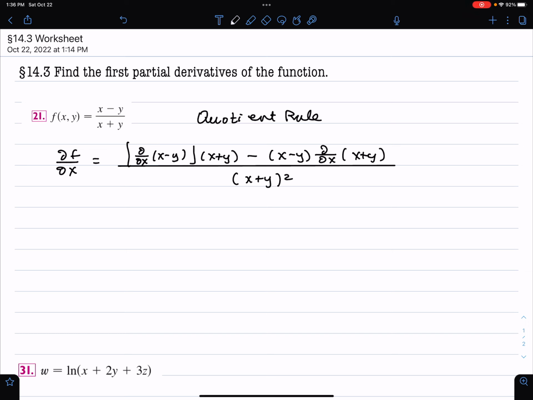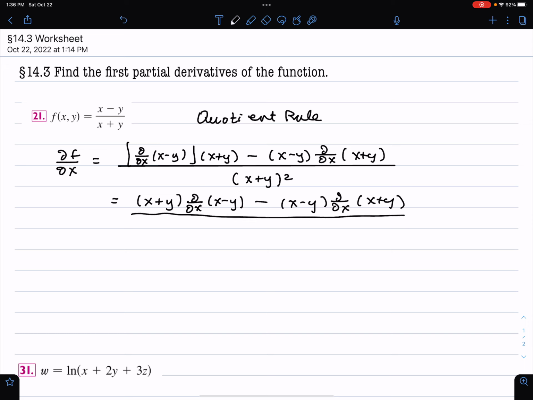So by the way, one way to write this is using this mnemonic. The quotient rule is low, so the low would be the denominator, d high less high d low, high being the numerator. I don't really go for that. I mean, it's sort of fun.